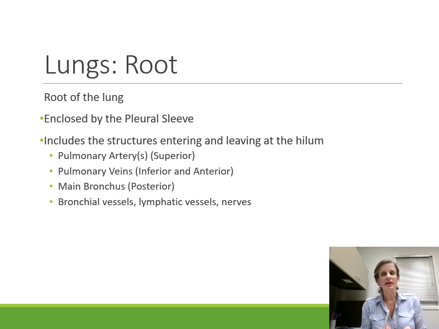So we said that each lung has a root, and the root is where it has all of the structures that are coming in and entering or leaving the lung. Think of it kind of like the roots of a tree. The roots of the tree branch out from the tree, and that's where the tree gets all of its nutrients, right? It pulls up nutrients from the soil, it pulls up water from the soil, everything is coming in through the root.